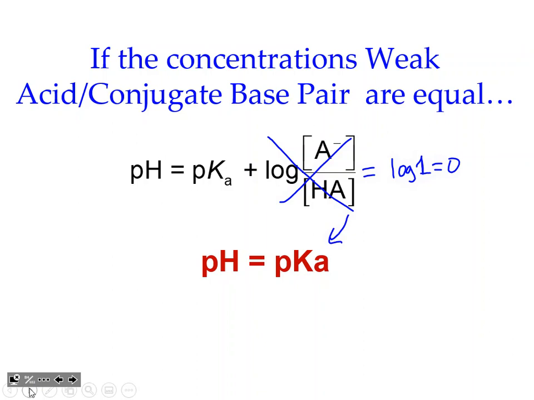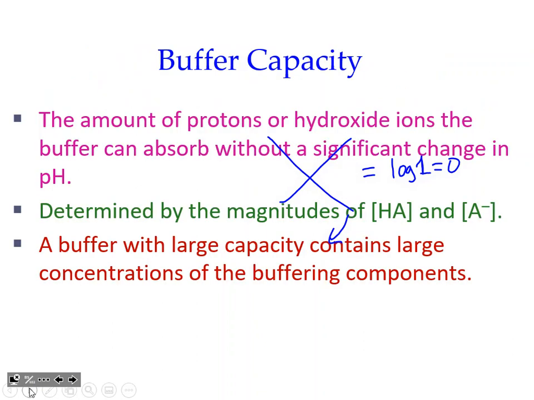That's how that works. And talking about buffer capacity, you really want those buffer components to be equal, so that will maximize your ability to resist the change in pH. So what is the buffer capacity?